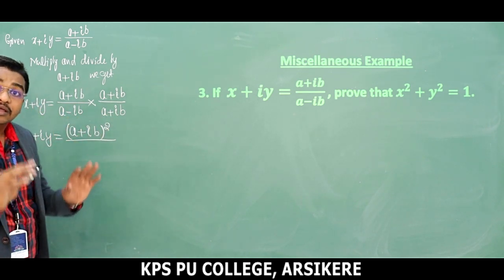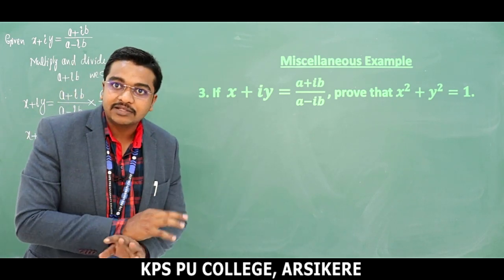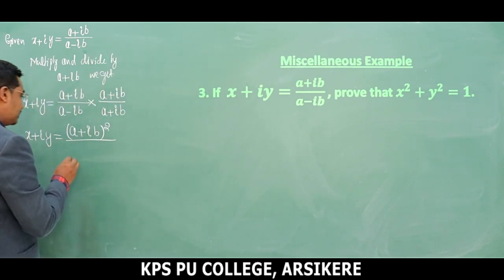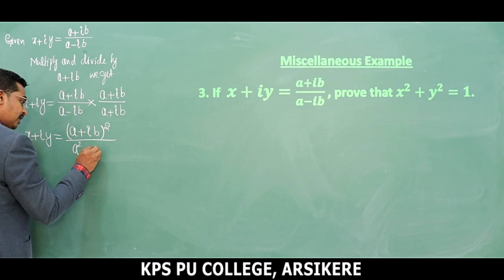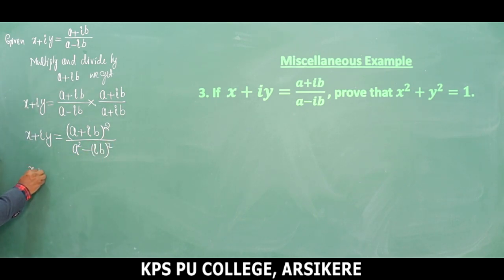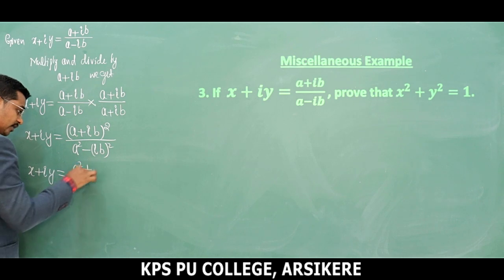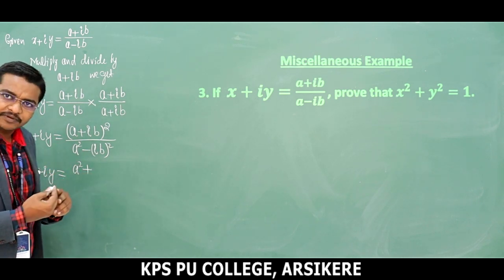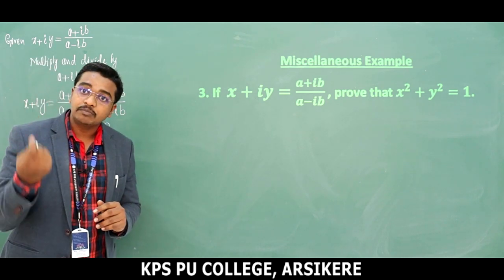This is nothing but a plus ib into a minus ib. So compact form is a square minus i into b whole square. x plus iy is equal to, just expansion of this term, a square plus, just like a plus b whole square expansion, a square plus b square plus 2ab.